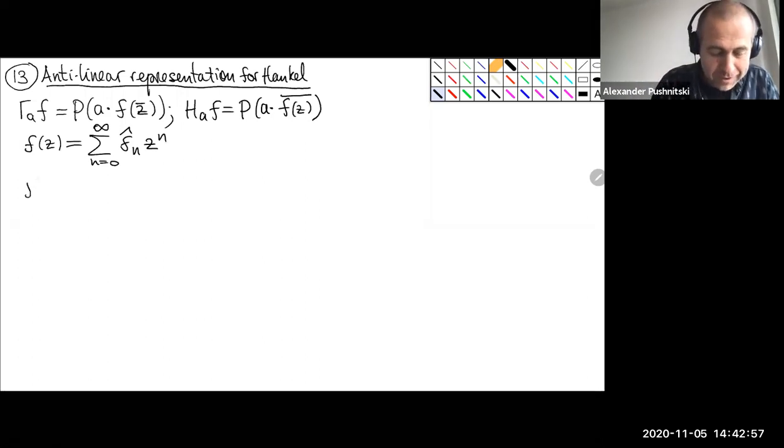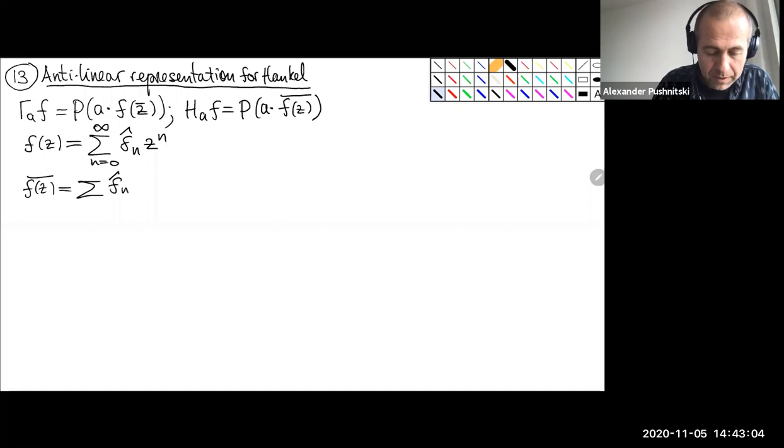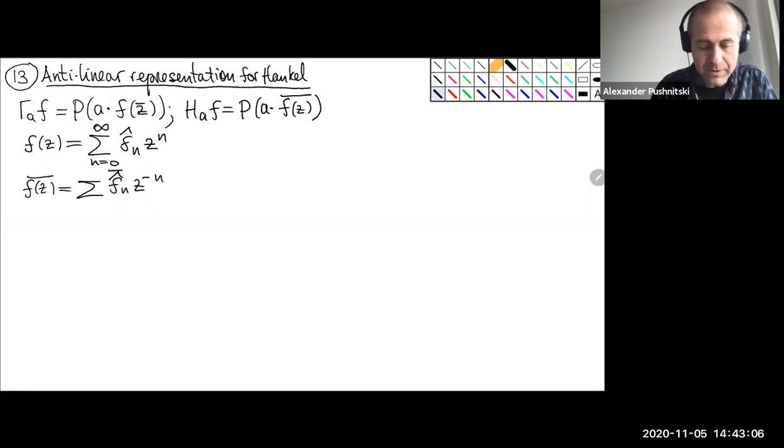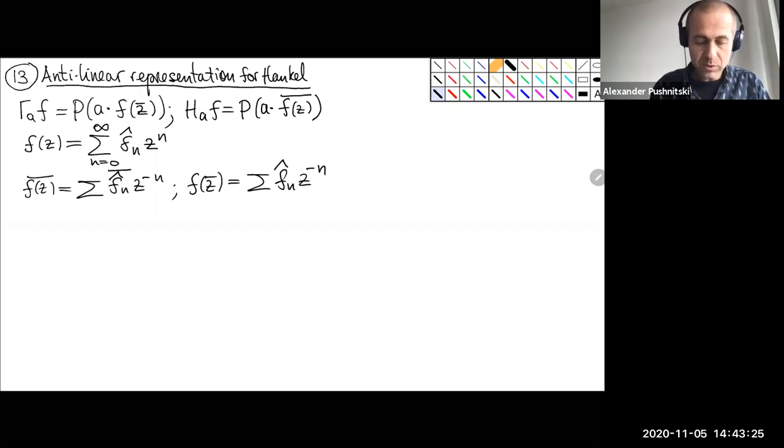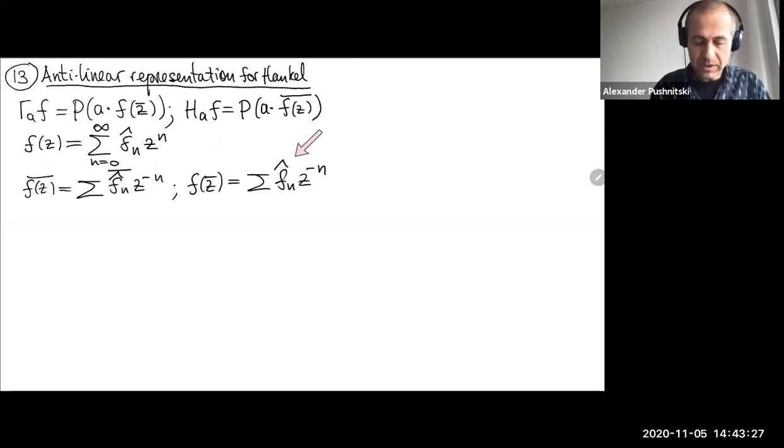So one is the sum with complex conjugation of the coefficients, but also over z, and that z gives us a minus. And if you write the other one, you get just a minus. So the difference between these two formulas is just that you take a complex conjugation of the coefficients.